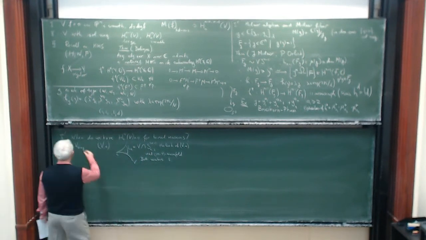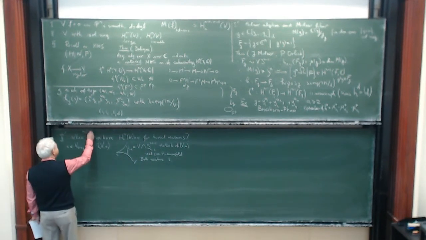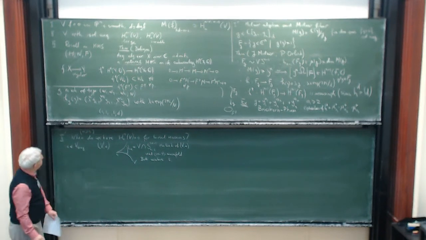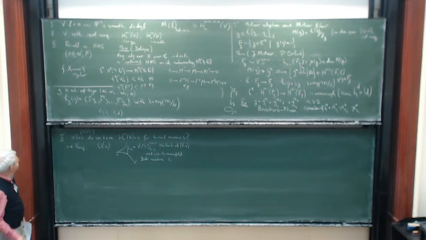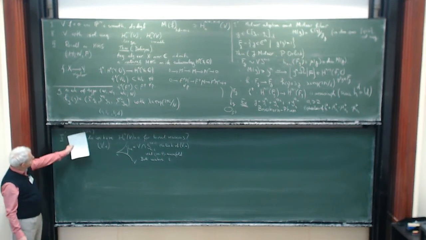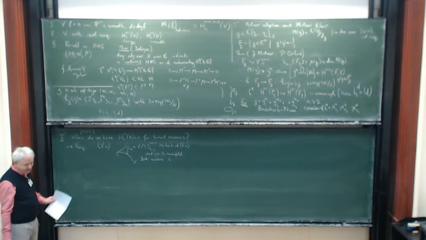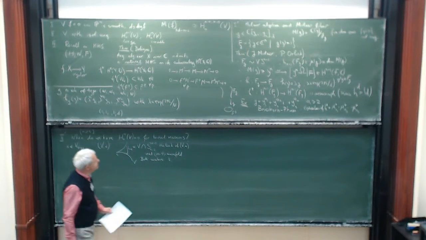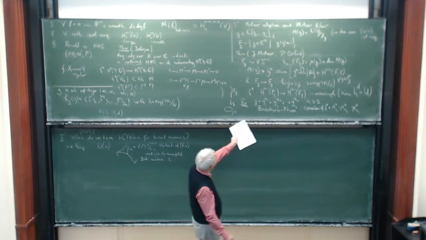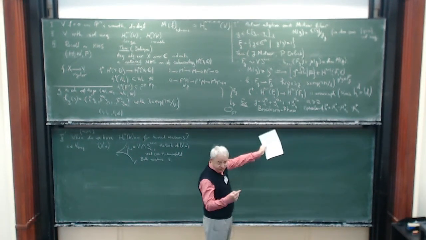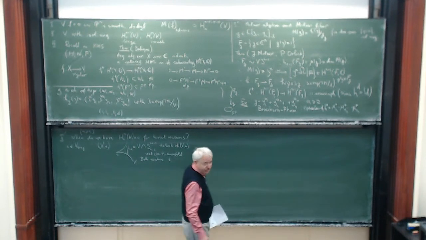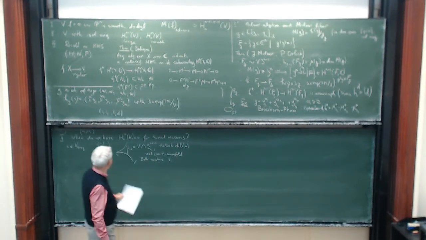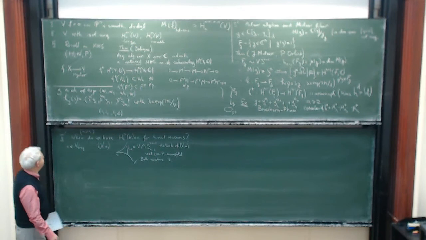I forgot to say I will consider in all my talks n strictly bigger than 1 to avoid some special cases. For instance, here if n is equal to 1, I have to take reduced homology or cohomology, and so I will consider n strictly bigger than 1.